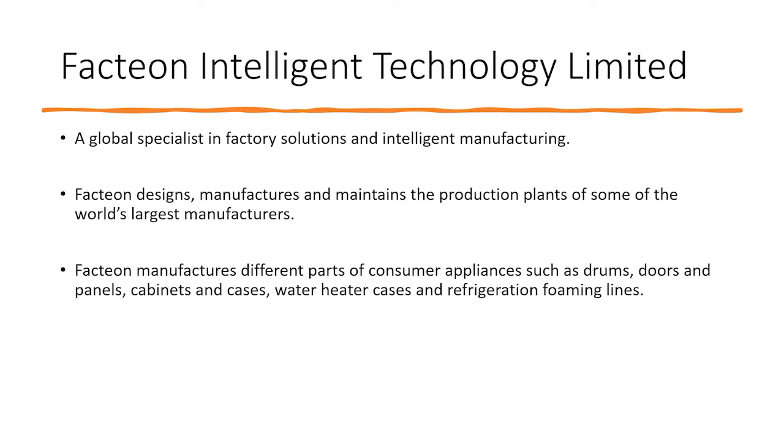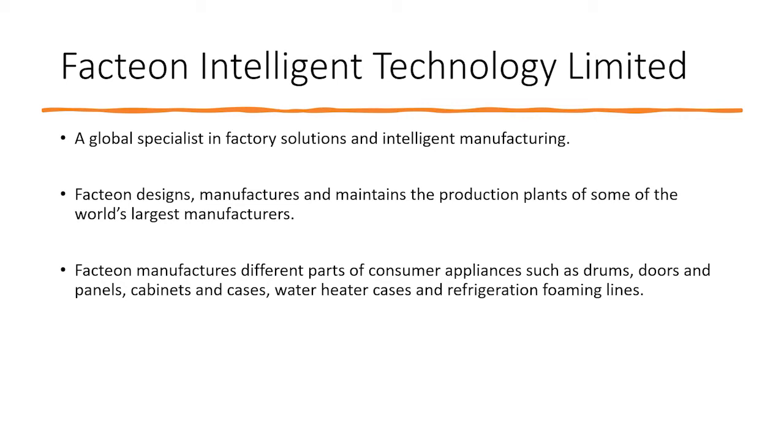So, I will start with introducing Factian. Factian specializes in factory solutions and intelligent manufacturing. It designs, manufactures, and maintains the production plants of some of the world's largest manufacturers. Factian manufactures different parts of consumer appliances such as washing machine drums, refrigerator doors and panels, cabinets and water heater cases.